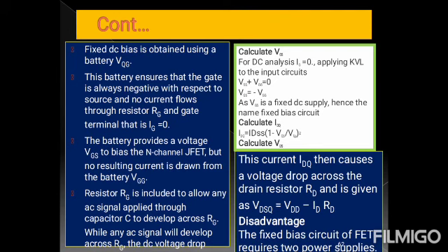See that VDSQ is equal to VDD minus ID into RD. Here we are fixing the changes in the voltage VDSQ by reducing the current ID. But the disadvantage of this one is we are using two power sources, which makes it more costly.